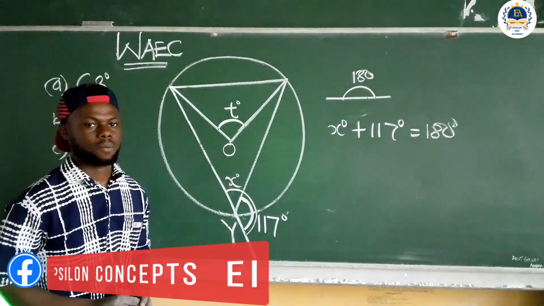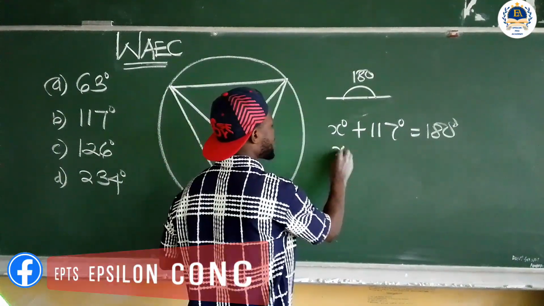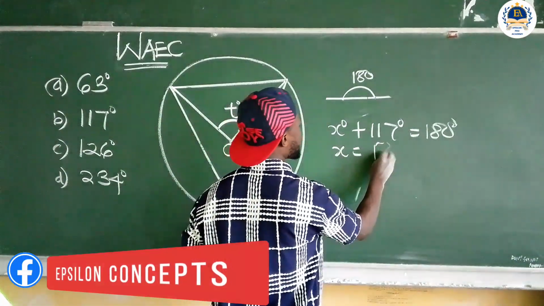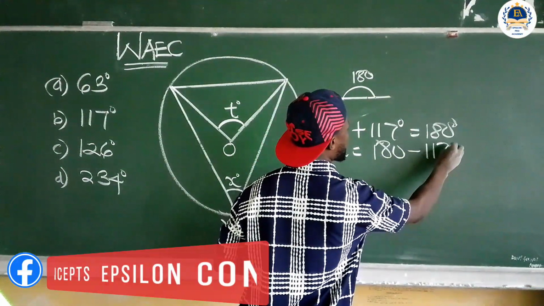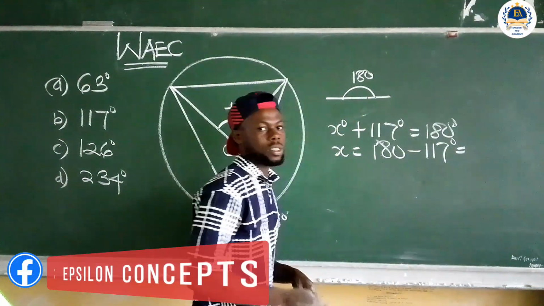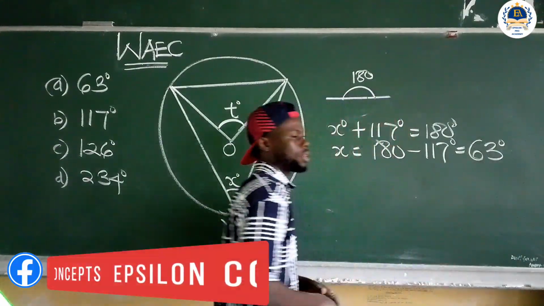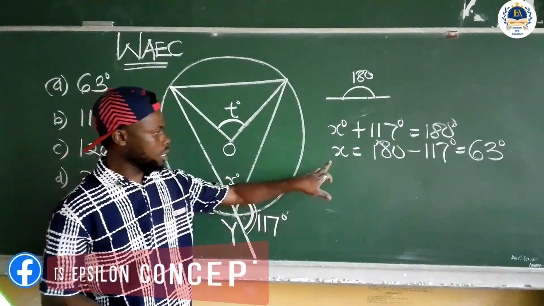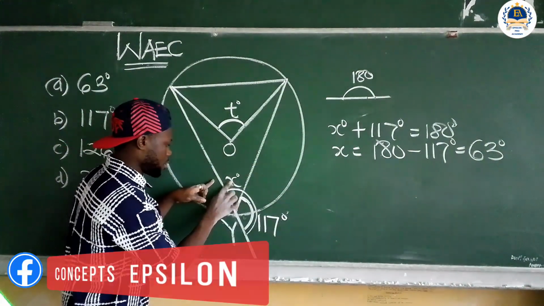That's the first case. If you make x the subject, then x is equal to 180 degrees minus 117 degrees, and this will give you 63 degrees. Since x is 63, let me put 63 here.